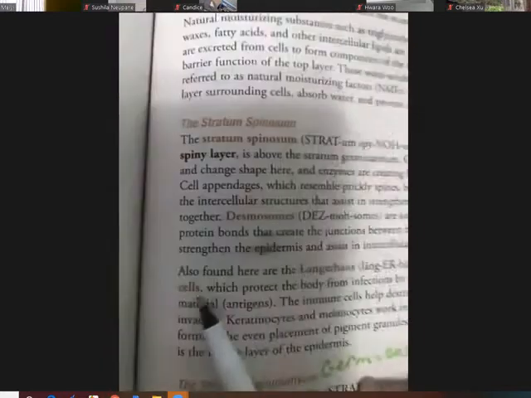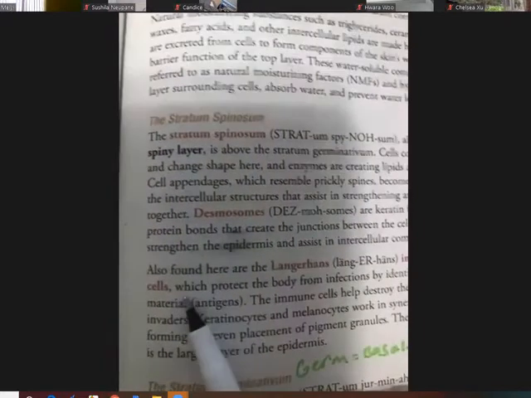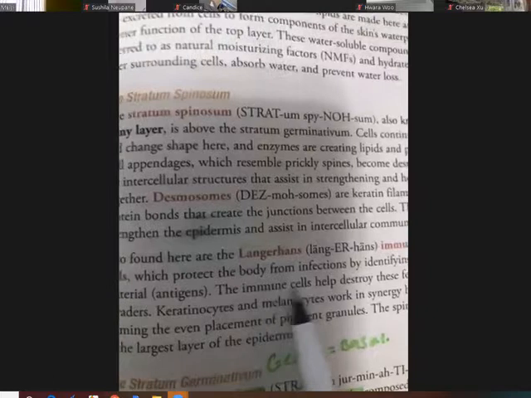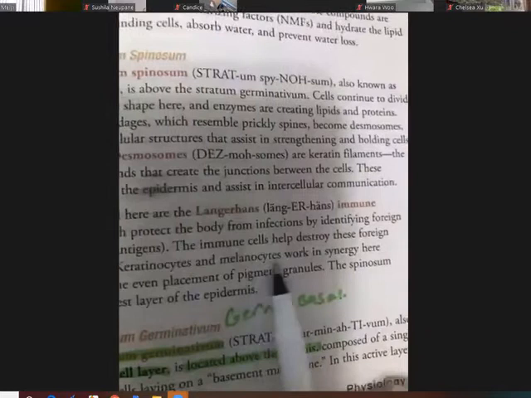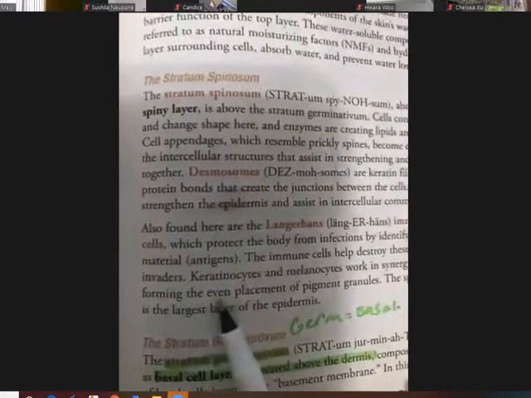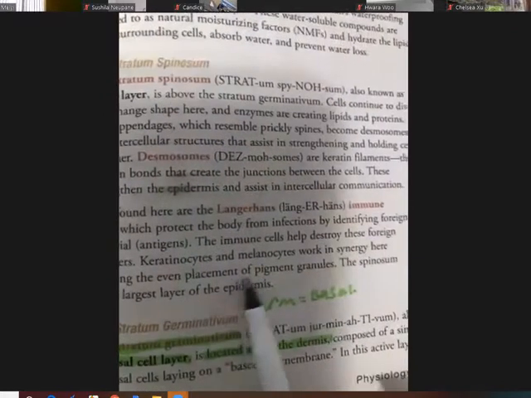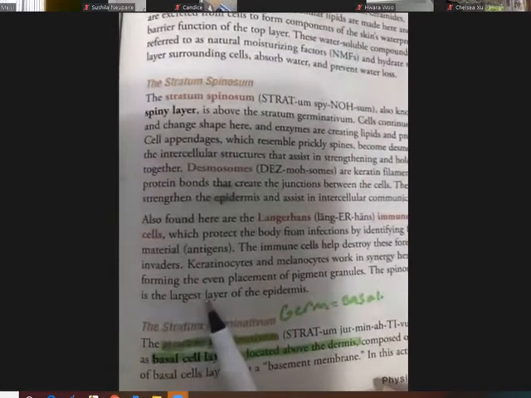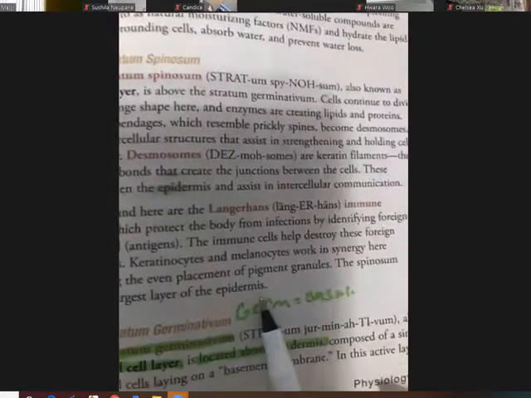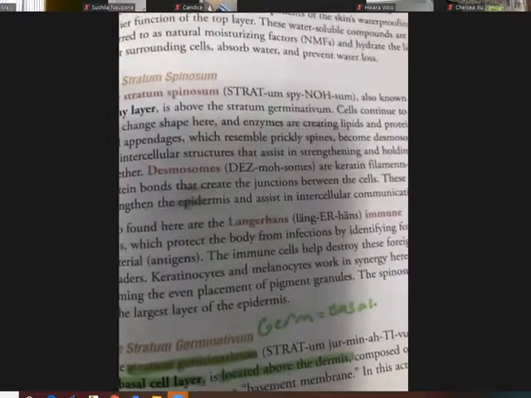Okay, so also found here are the Langerhans immune cells. The Langerhans immune cells are your immune cells that help to destroy foreign invaders. And then keratinocytes and melanocytes work in synergy, forming the even placement of pigment granules. So the spinosum is the largest layer of the epidermis. Okay, what does it mean?